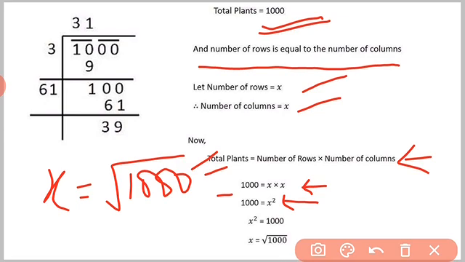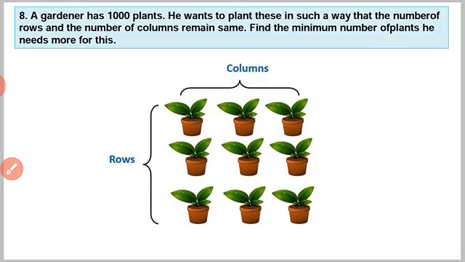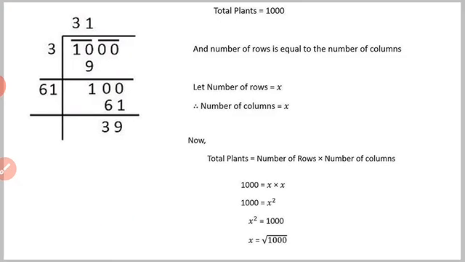So when we find the value of x, we get square root of 1,000 and we can find by division method. And when we solve it, we get remainder as 39, which shows that 1,000 is not a perfect square. So how many more plants? It is asked that how many minimum number of plants we required for this so as to make the number of columns and number of rows equal.